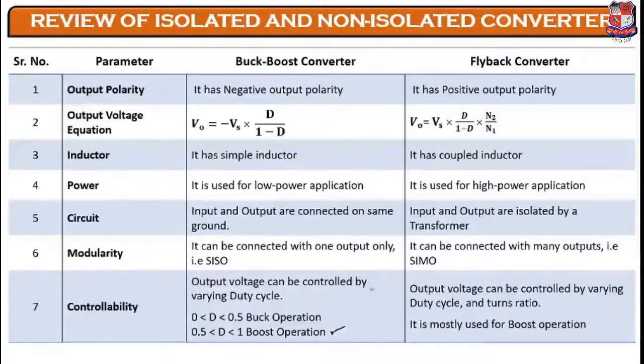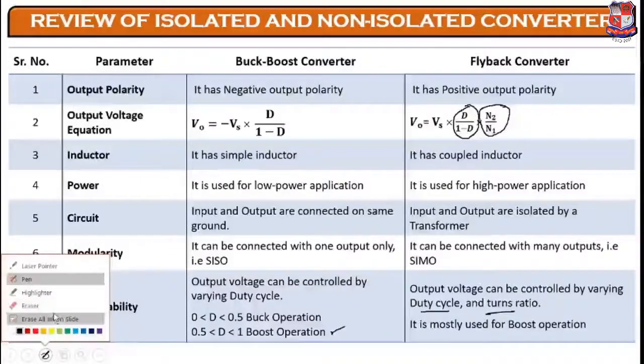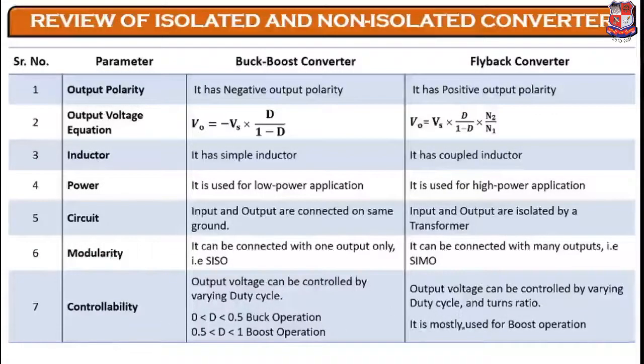As compared to buck boost, the flyback converter output voltage can be controlled using duty cycle and turns ratio, which can be seen over here. Turns ratio can also be changed and duty cycle can also be changed. However, it is used mostly for boost operation.